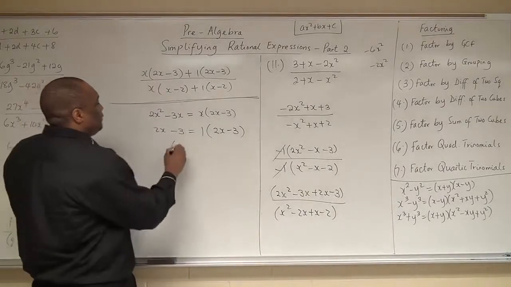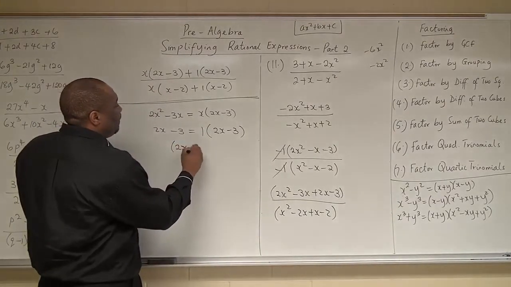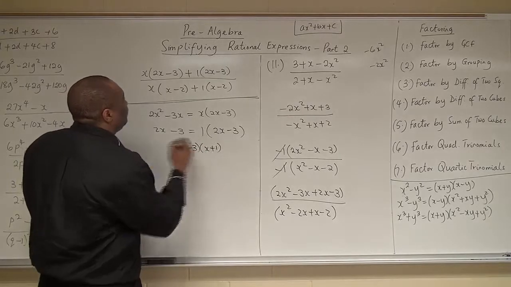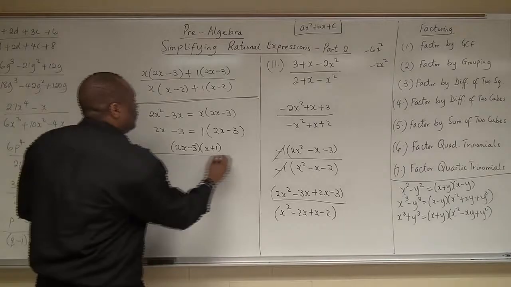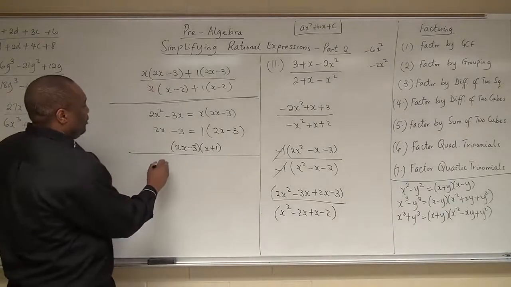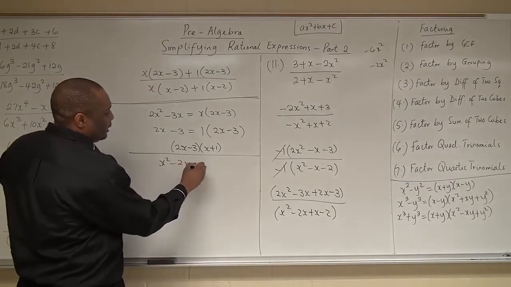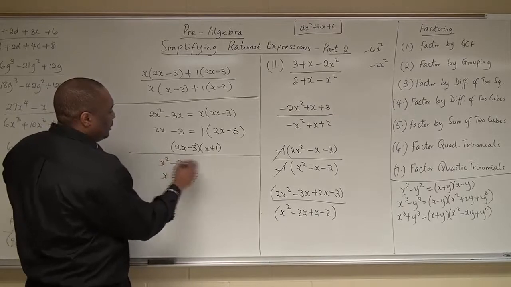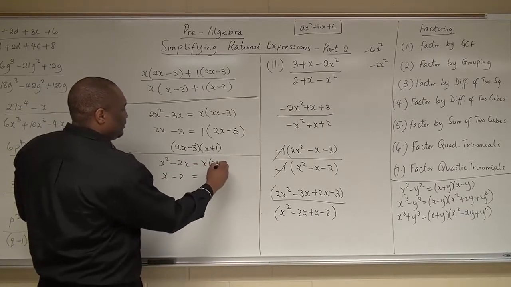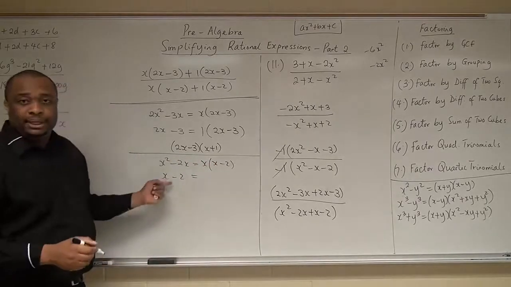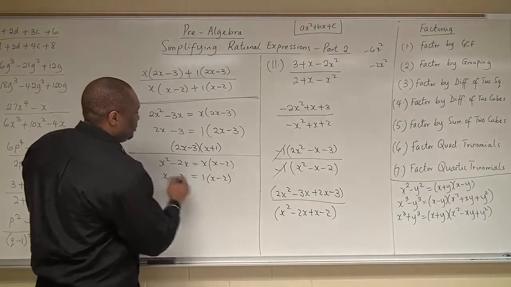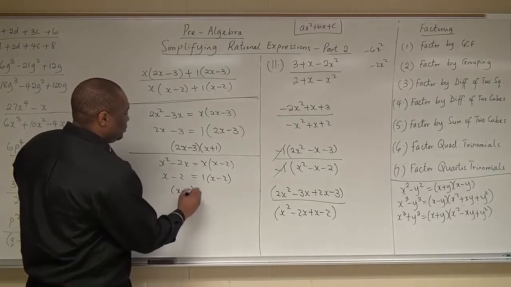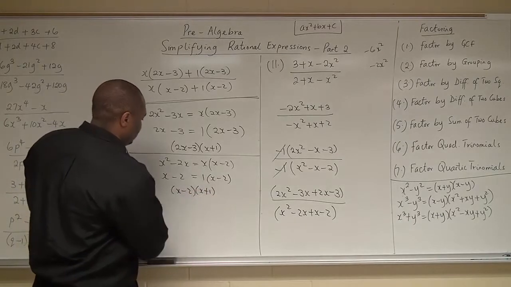Okay? So you now have (2x - 3) and then (x + 1). Then for the denominator, you have x^2 - 2x and you have x - 2. Here x is common, (x - 2). The same thing here. 1 is common, 1(x - 2). So you have (x - 2)(x + 1).